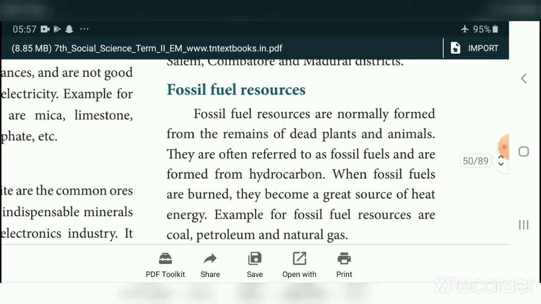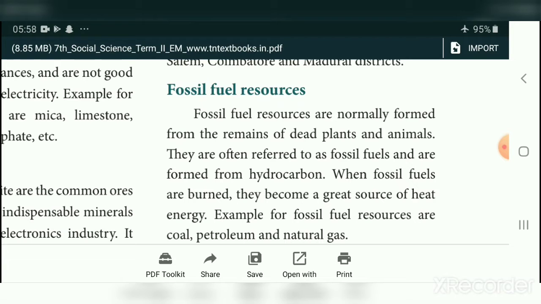Next resources, fossil fuel resources. This is also a non-renewable resource. Once we consume these resources, it will take millions of years to reproduce them again. So this is also called a non-renewable resource.